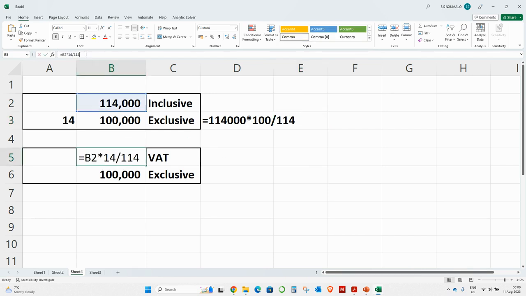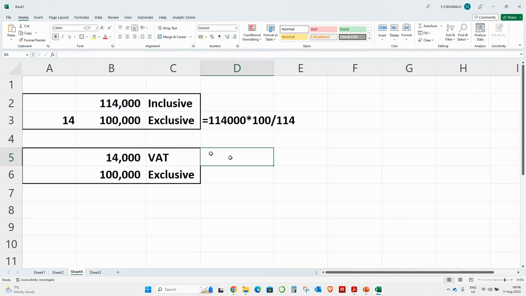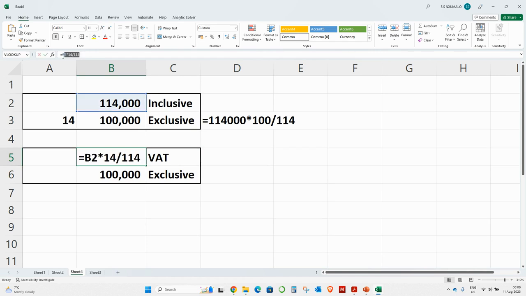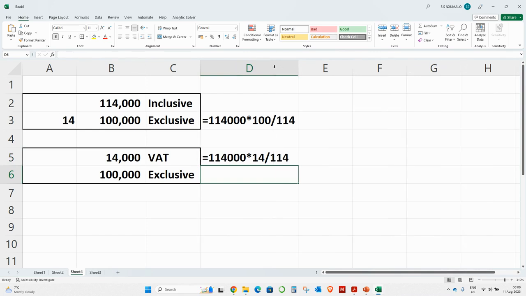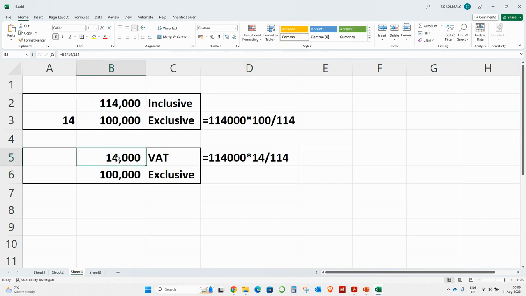Let me just again copy it. So you take 114, this is what it's going to look like for you to get this amount. And then this one is simple, straightforward. You just take 114, you minus the 14.